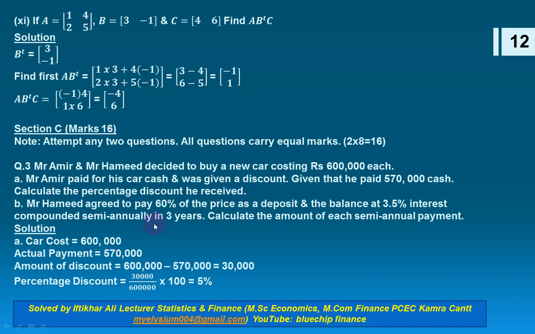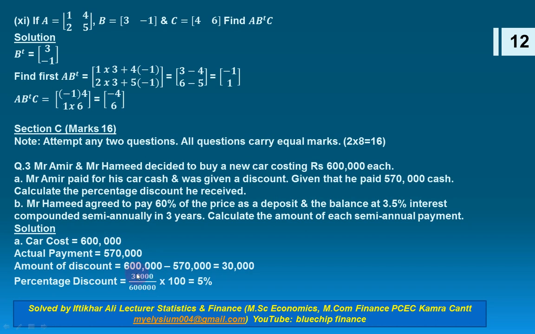So first of all, we solve case A. The original cost of the car is 600,000 and he is actually paying 570,000. So he is in fact saving 30,000. We just want to calculate the percentage discount.